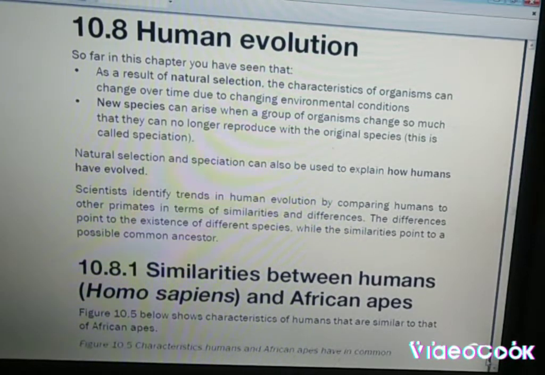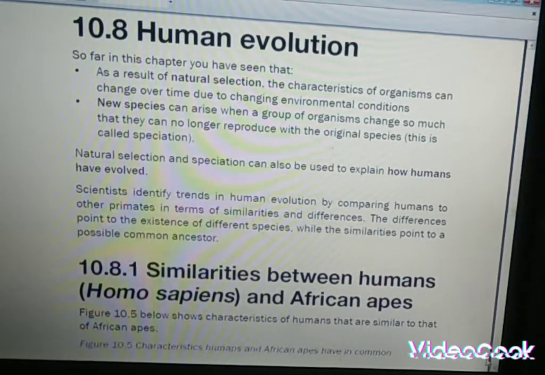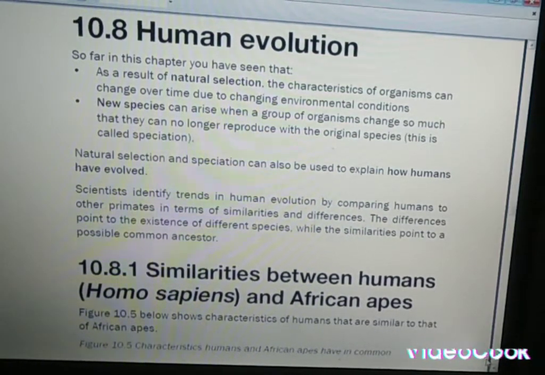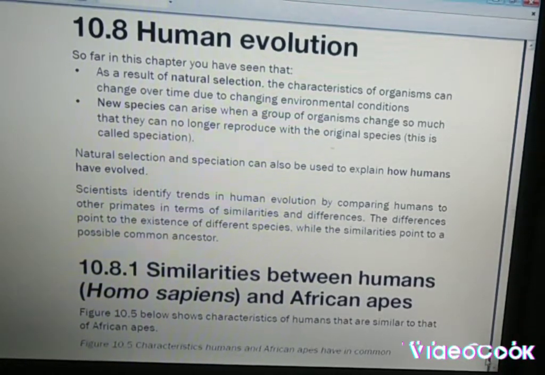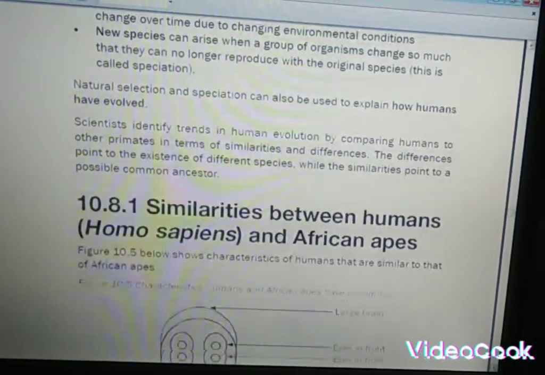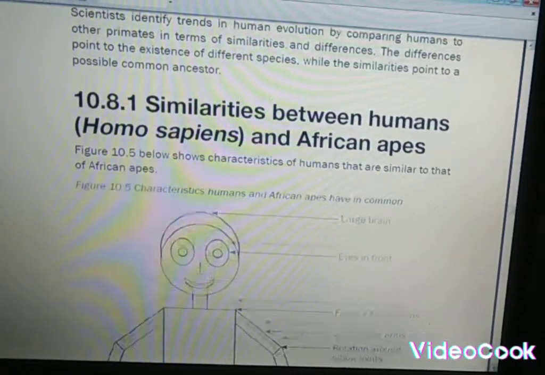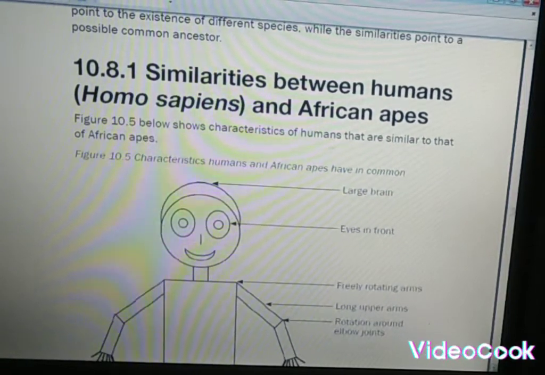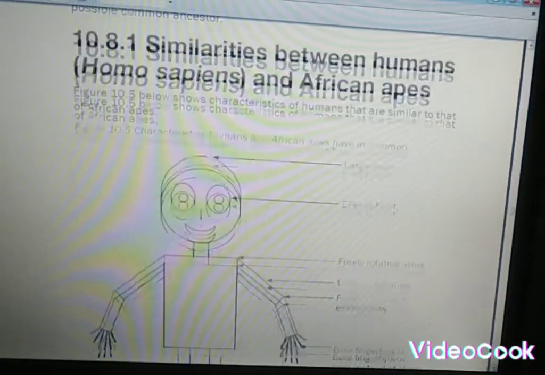We are going to look at the differences to point to the existence of different species. Also, we are going to look at the similarities to point to a possible common ancestor. And as for humans, we are going to compare them to what? To Homo sapiens, right? And African apes. Okay, so similarities between humans, us, we are Homo sapiens, and the African apes.